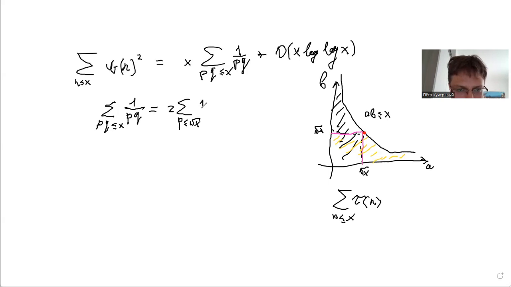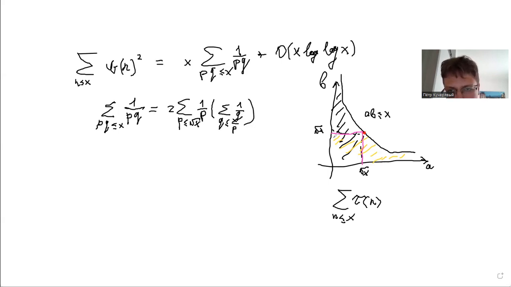Here will be 1 over p, and here the sum over q less than x over p, of 1 over q.